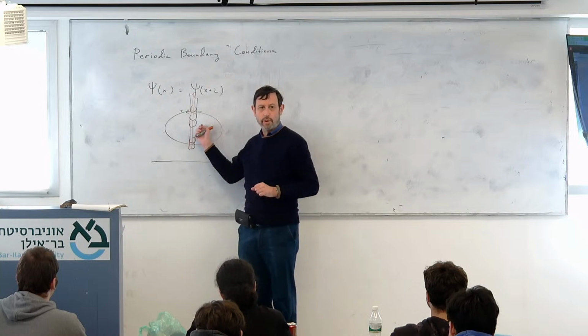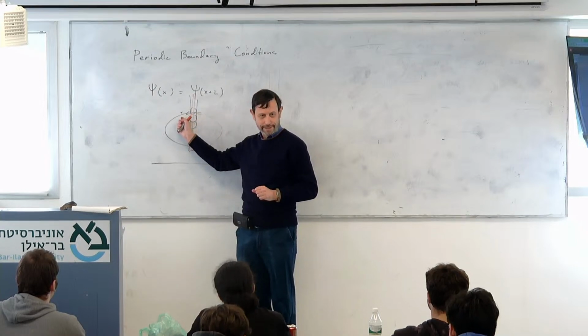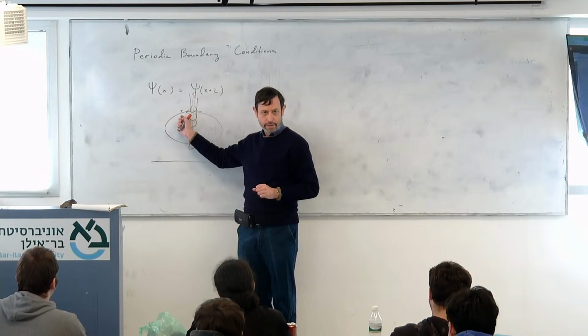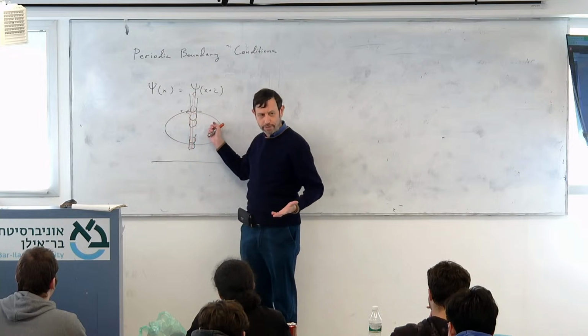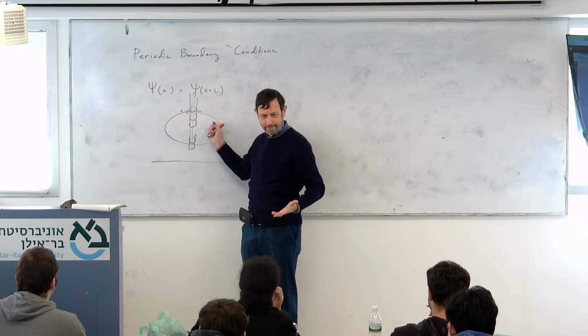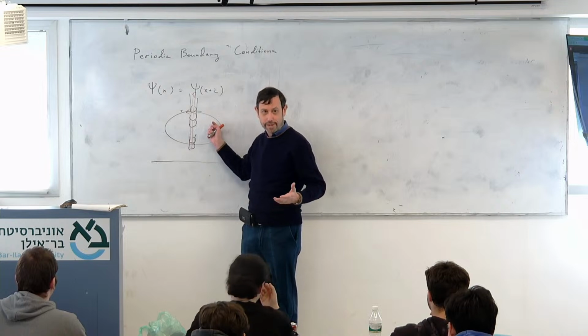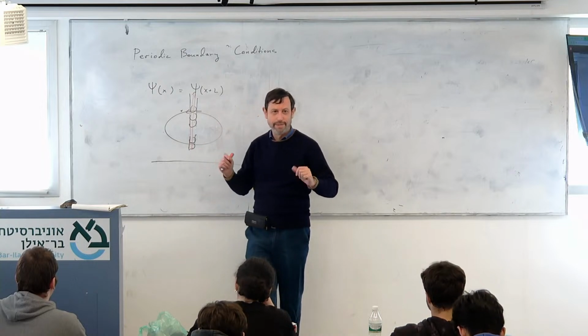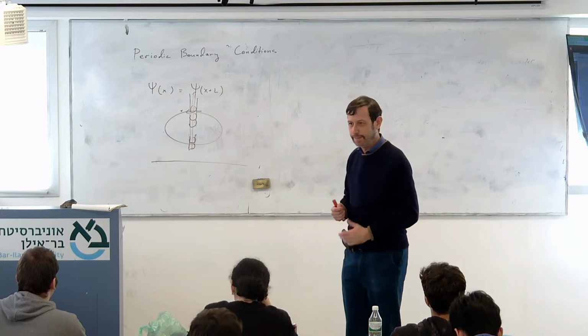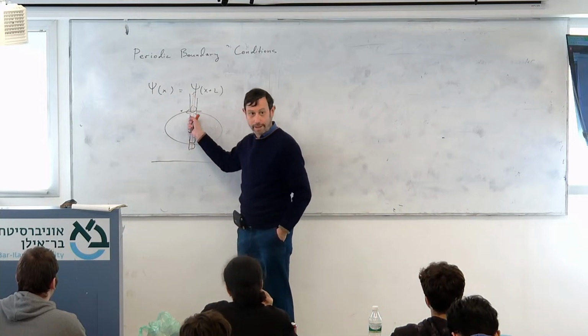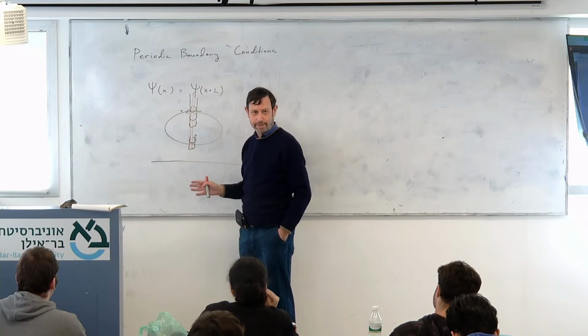Can the ring know that there is this magnetic field going through it? Intuitively, the answer is no, there's no field, so how can it feel it? Fortunately or unfortunately, yes, you can see it. There are several experiments that show that you have a magnetic flux going through it. So the topology is interesting.